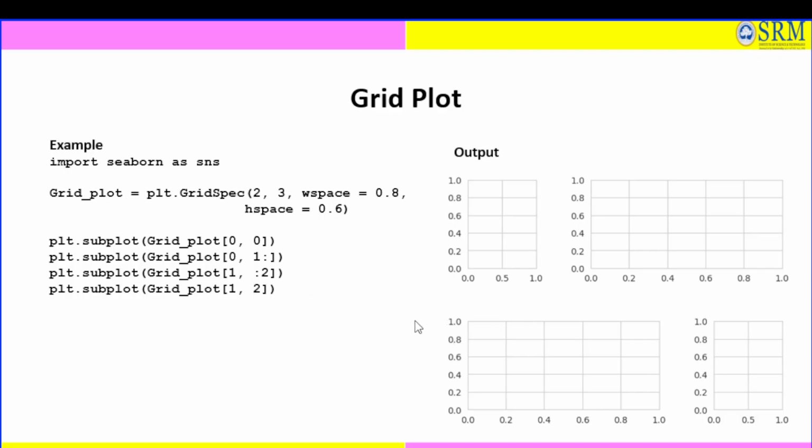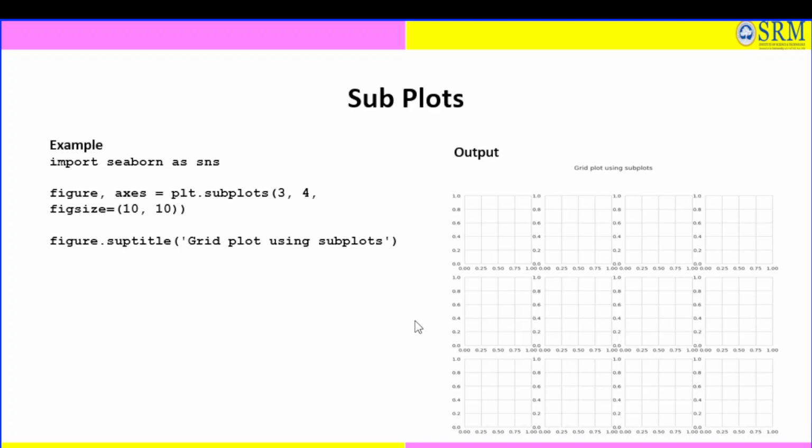And subplots, again, the entire region is divided into subregions, and you can plot in each. That is called subplots. By using the subplots function, we can divide the region into subplots. Here the figure size is mentioned as 10 comma 10, so the entire region is 10 by 10.